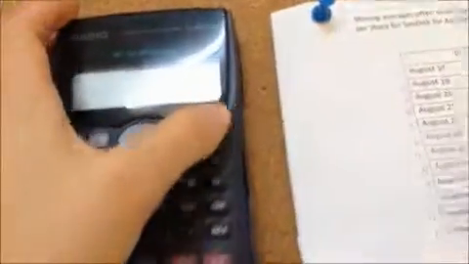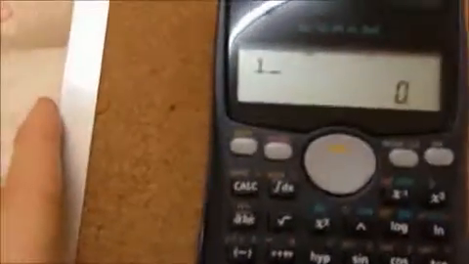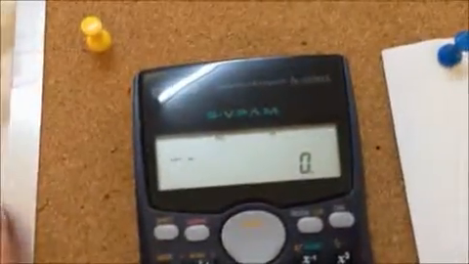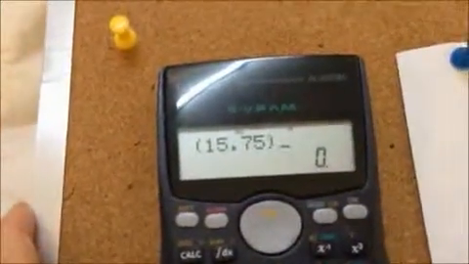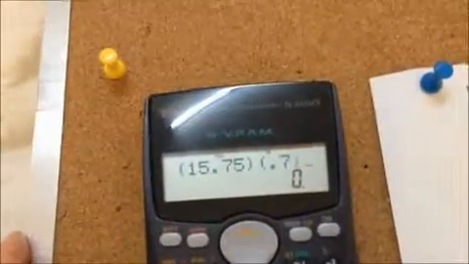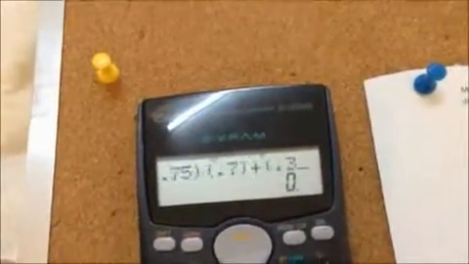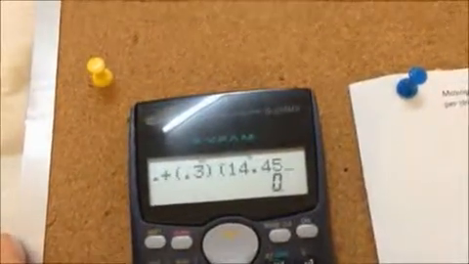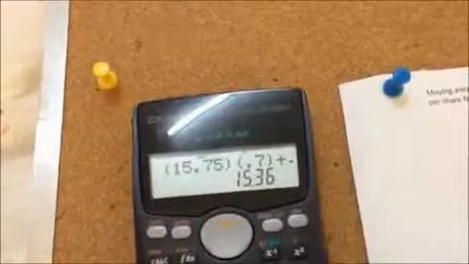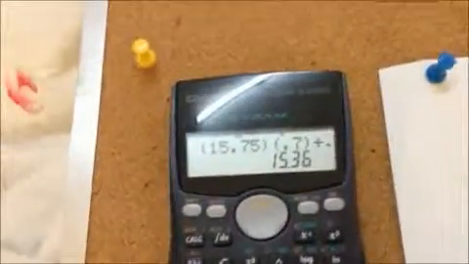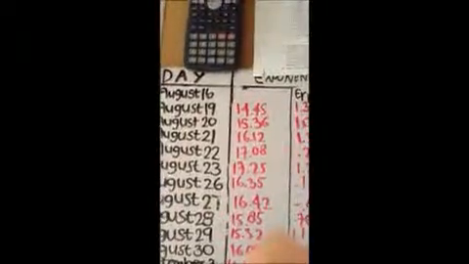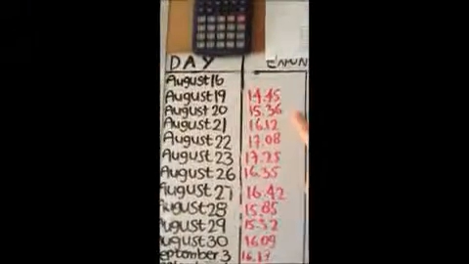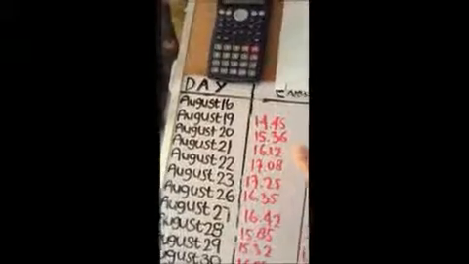So, we are going to get 15.75 multiplied by 0.7 plus 0.3 times 14.45. So we are getting 15.36. So we are done with August 20. We got 15.36. Now we are going to August 21.